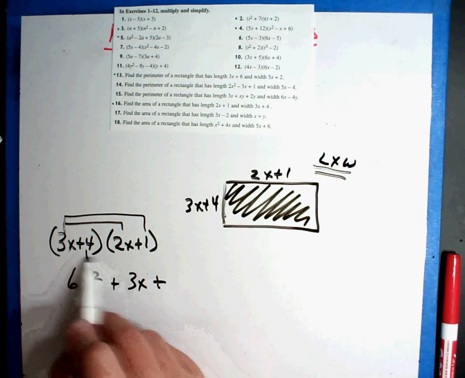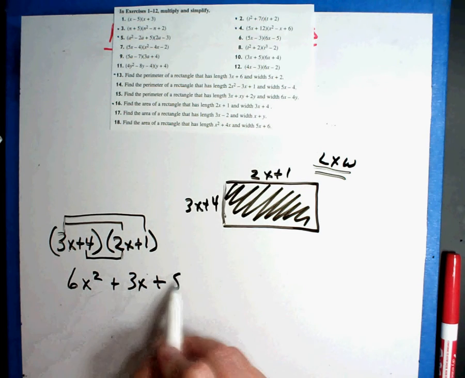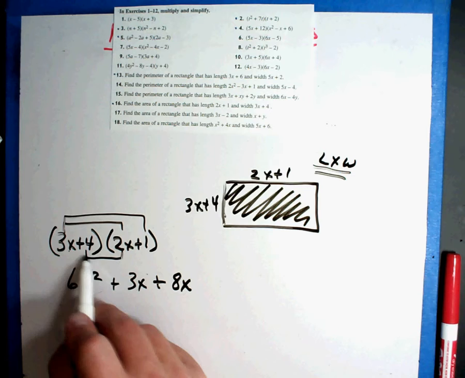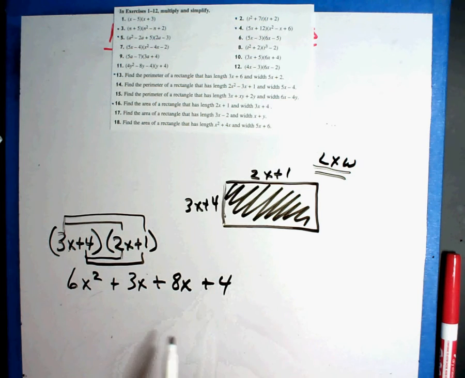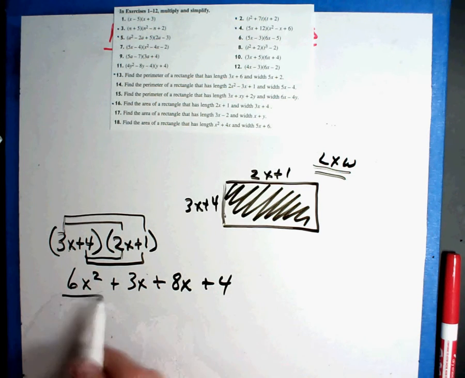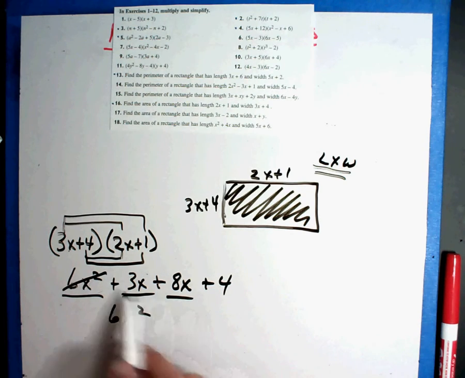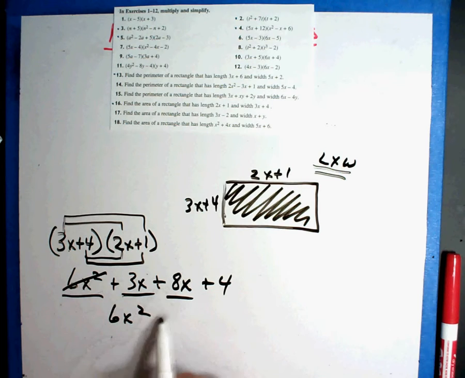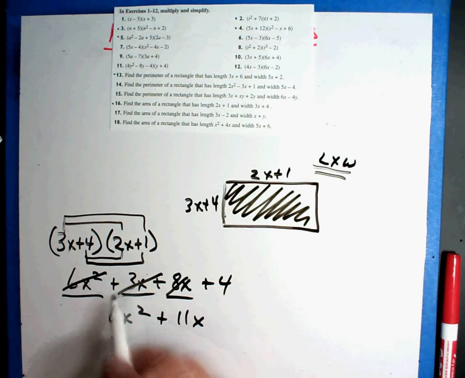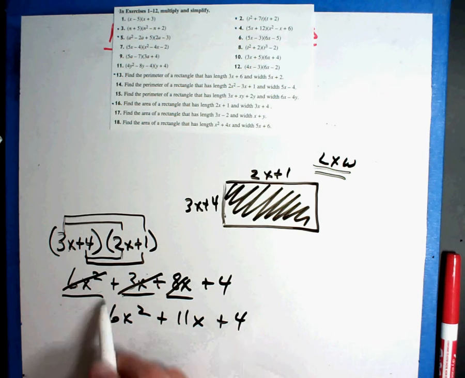Let's go to the other one. 4 times 2 is 8x. And 4 times 1 is 4. Put the things together that are alike. There's x squared. There's only one of them. 6x squared. Two of those. 3x and 8x. 8 and 3 is 11x. So I put those together, and then plus 4.